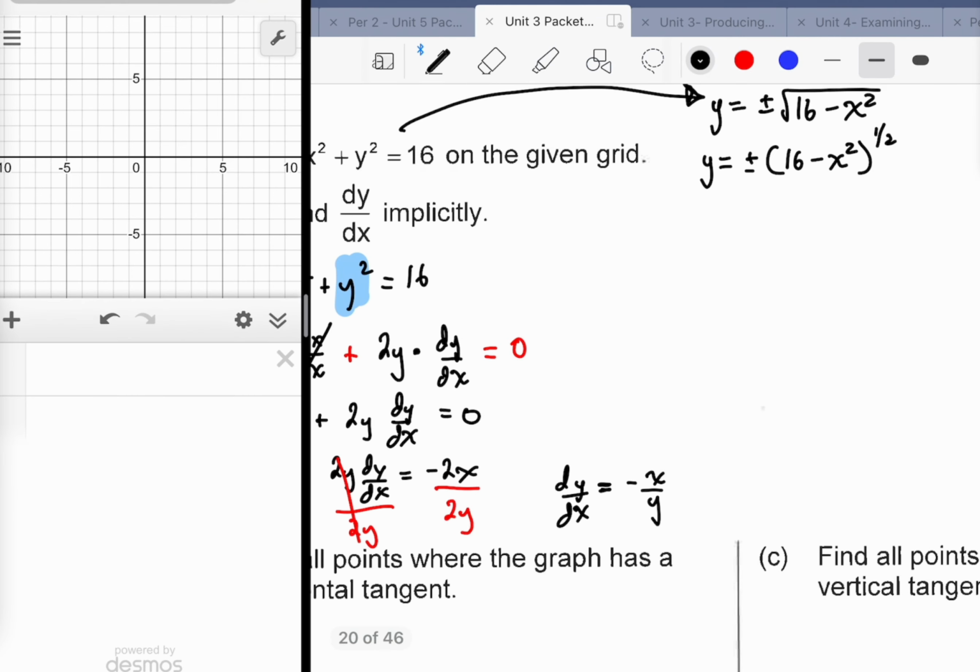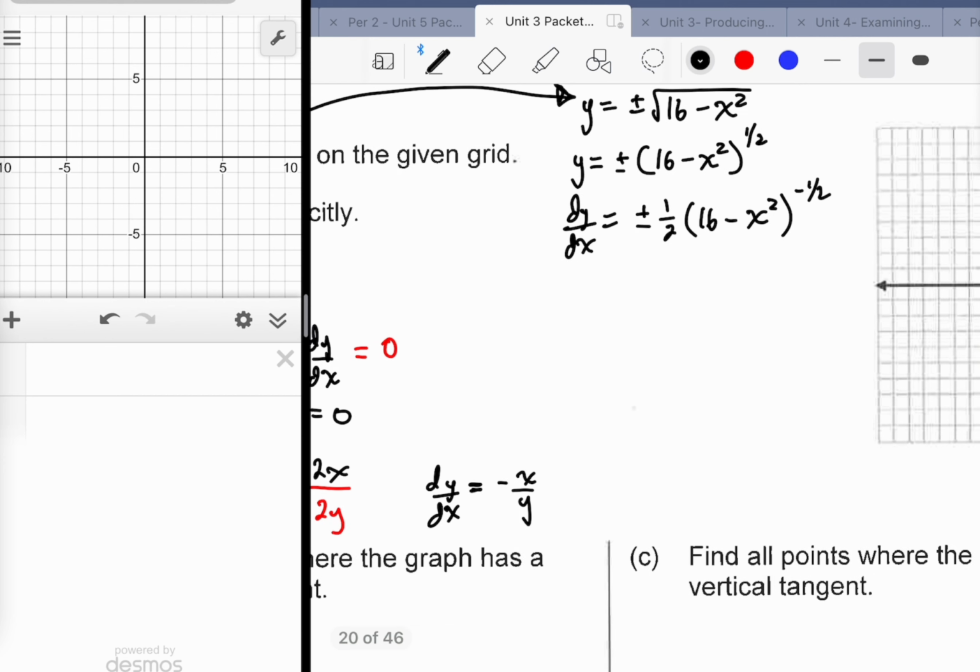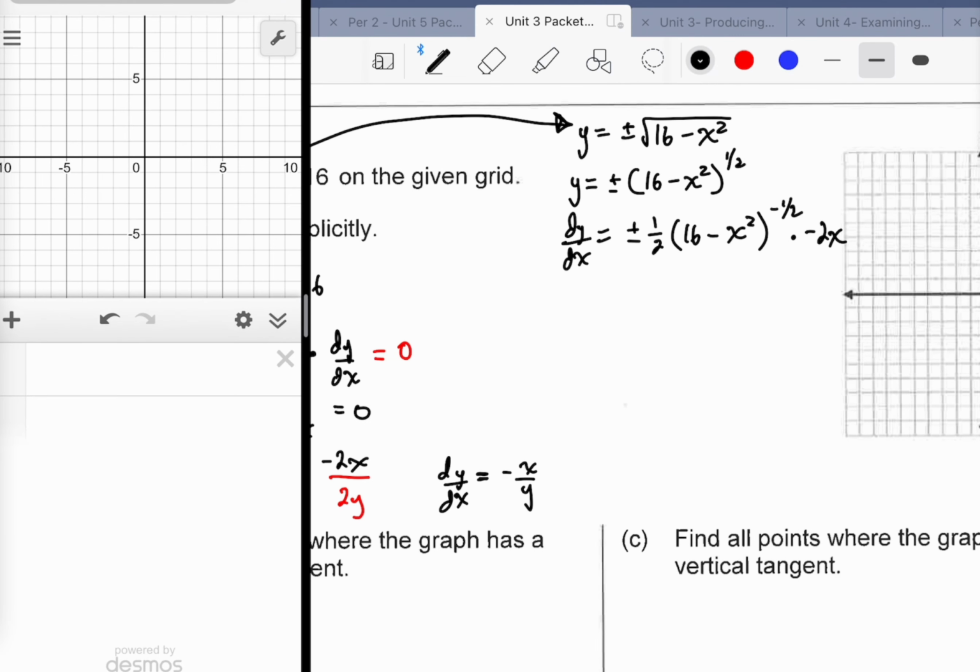You'd have to use the chain rule. So dy/dx would be plus or minus 1/2 times (16 minus x squared) to the negative 1/2 times the derivative of whatever is contained on the inside, which would be negative 2x, which you could then simplify if you want, but the point is proven.